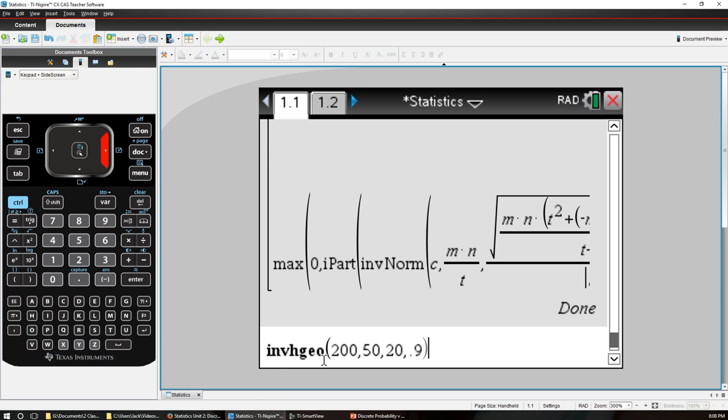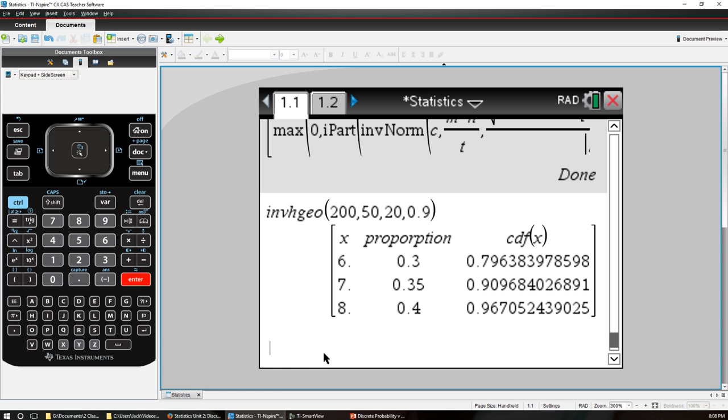Let's see if this works. Yep, perfect. Just what we wanted. Okay, yeah, looks good. So we have our labels, x, proportion, and CDF of x. We have our x values of 6, 7, and 8. We have the corresponding proportions of 30%, 35%, and 40%, and the corresponding CDFs over here.